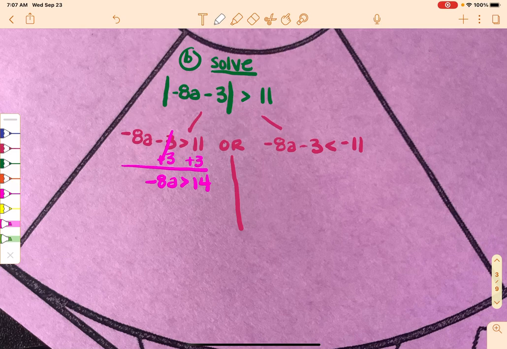Now, to get this value alone, I have to get rid of this. So it's negative 8 times a. So the opposite of multiplying by negative 8 is dividing. Now listen, as soon as I do that, I know I'm going to have to flip my inequality because I just divided by a negative number. So that means that instead of going this way, it's going to go the other way.